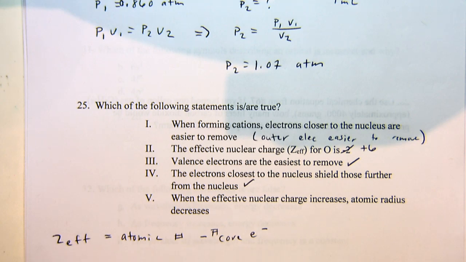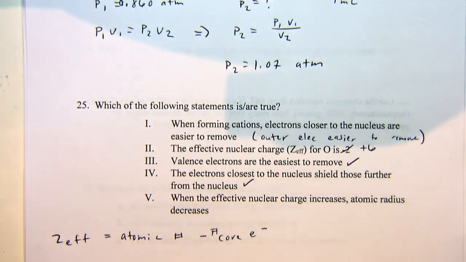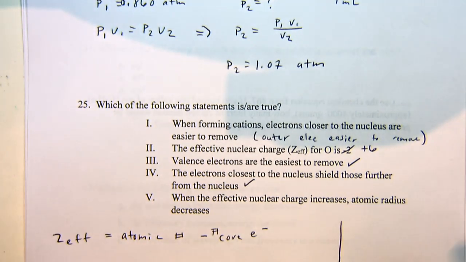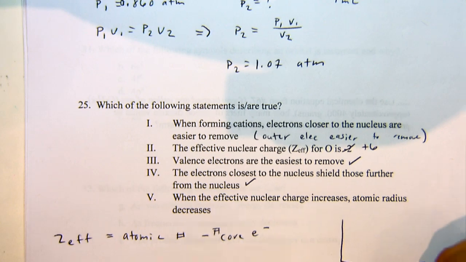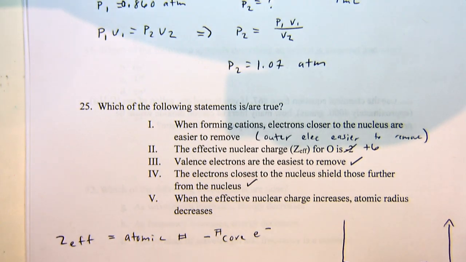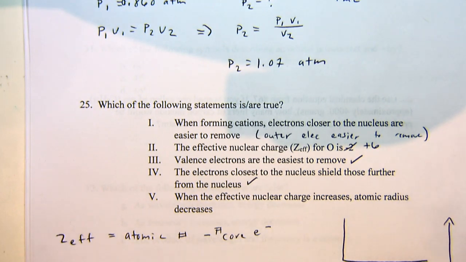And you can think of this by remembering in the periodic table that when you're going from left to right, the Z effective increases. So our Z effective is increasing, while our atomic radius is decreasing in that direction, because our atomic radius follows a trend that's like this.